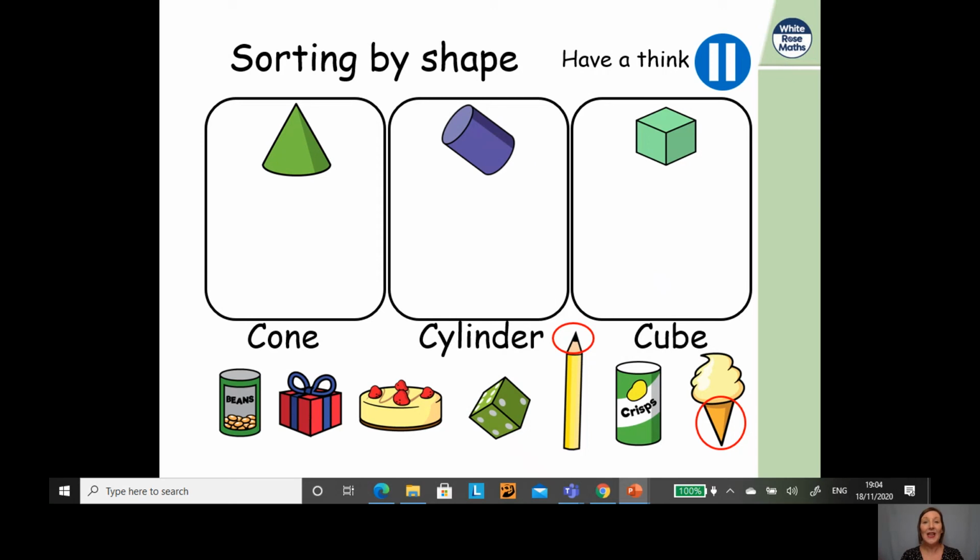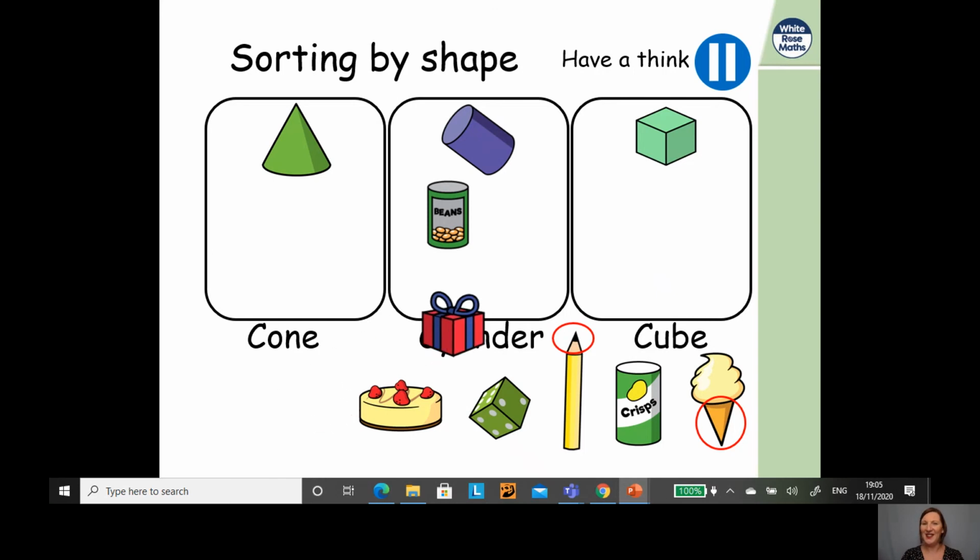Well done. Let's start with that can of beans. What shape is our can of beans? It's a cylinder. Let's pop it in there. Then we've got the birthday present. Is the birthday present a cone shape or a cube shape? Right, it's a cube shape.